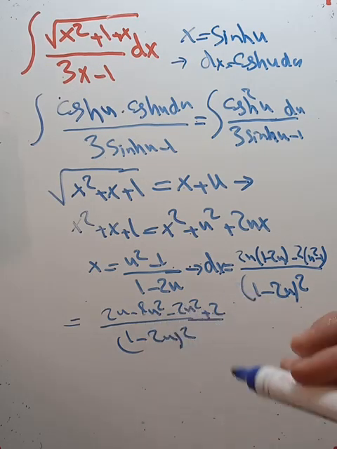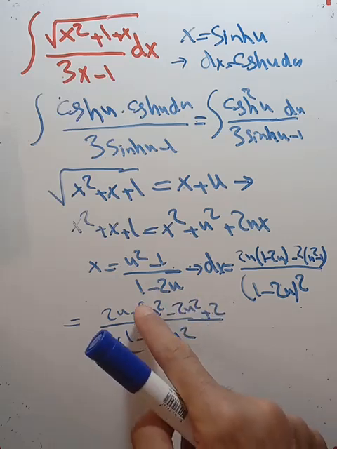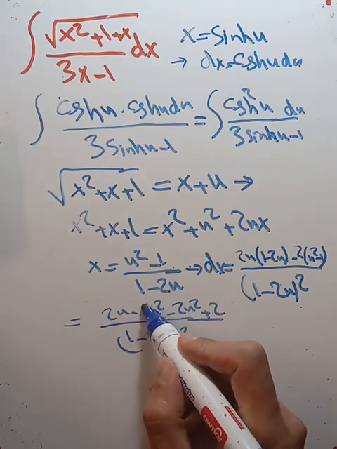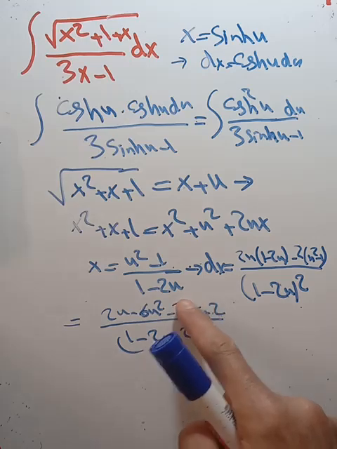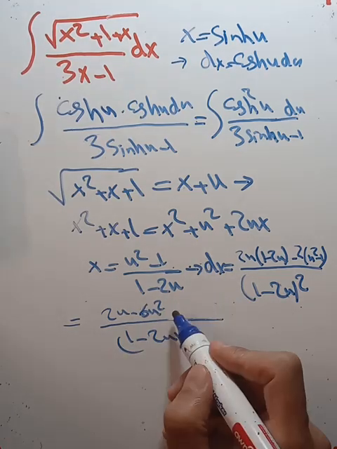And this minus this is minus 6u squared plus 2.